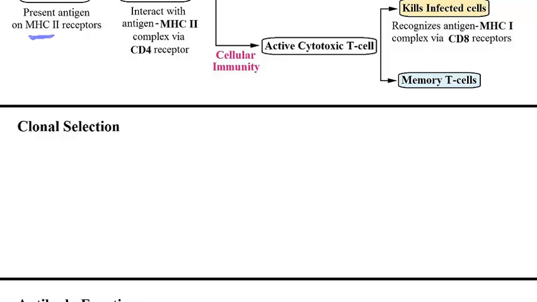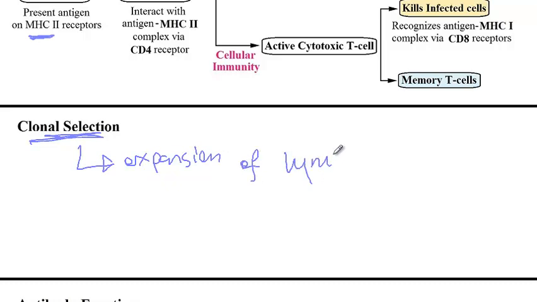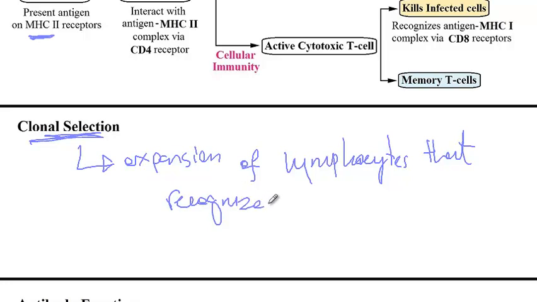And so this very first antigen encounter requires a primary immune response, and the expansion of lymphocytes that have recognized the antigen is referred to as clonal selection.